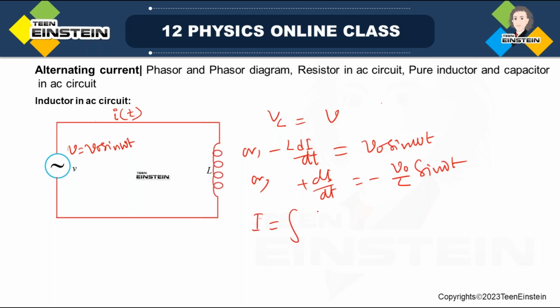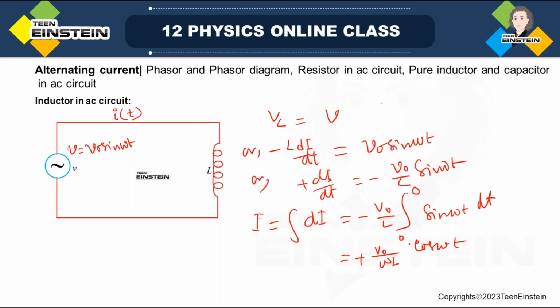So we write the integration of di, which is minus V0 by L sine omega t dt. When you integrate sine omega t dt, sine will bring a cos, and omega will be in the denominator, so omega L, and this will be cos of omega t.